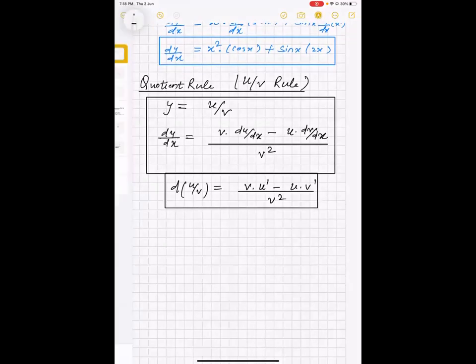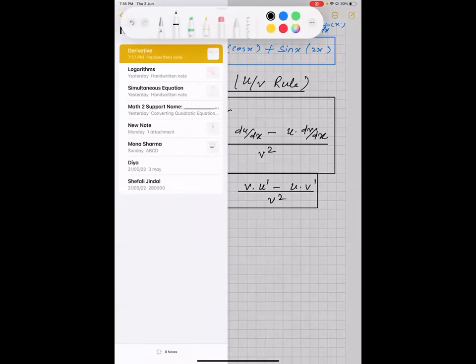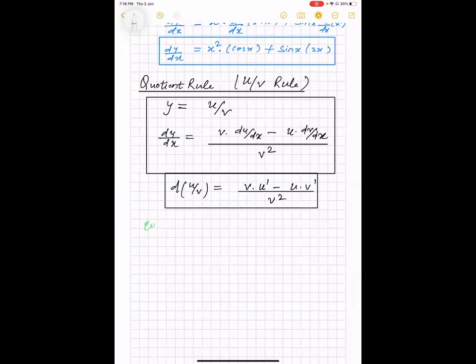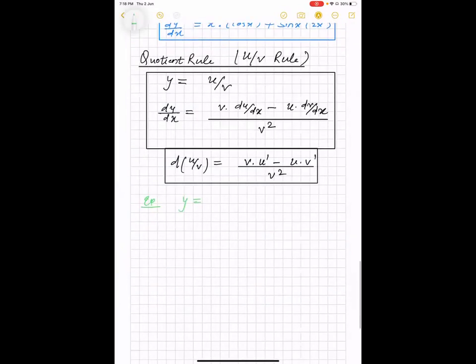So, example, let's say that we want to take y equals ln x over x square. You can see that this is our u and this is our v.